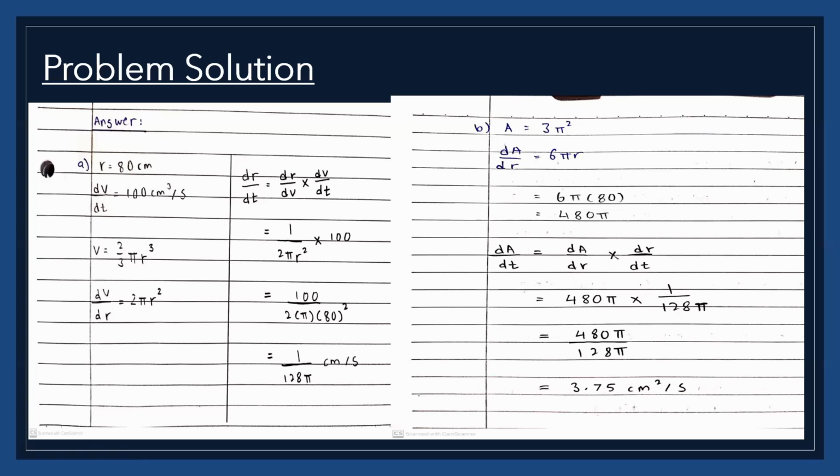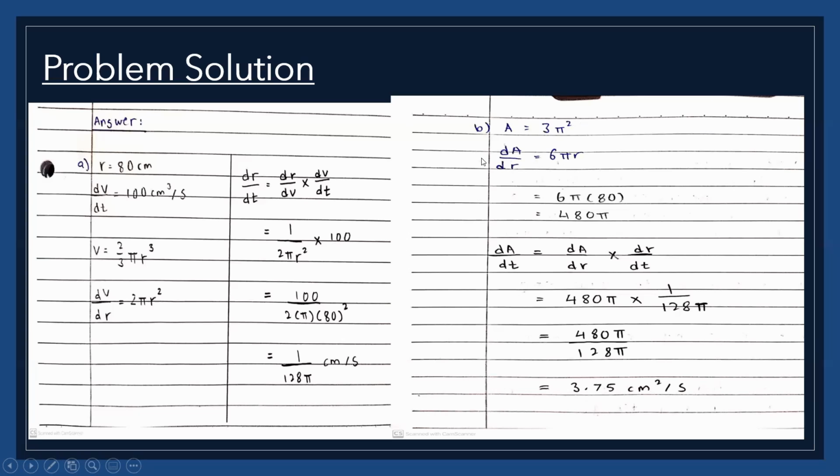So dr/dV times dV/dt is 100 over 2π times 80 squared. So the answer is 1 over 128π centimeters per second.